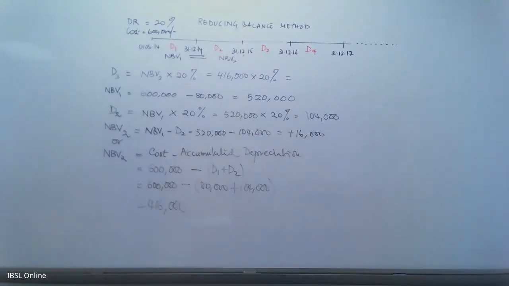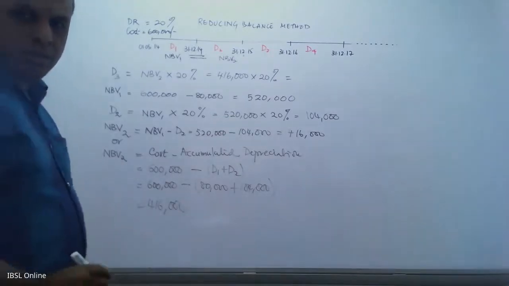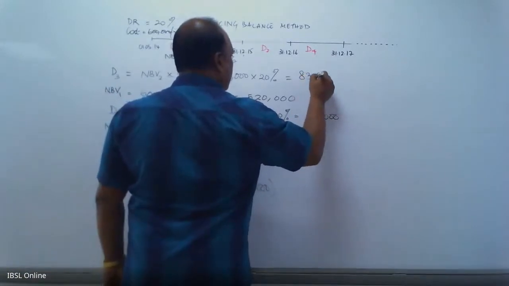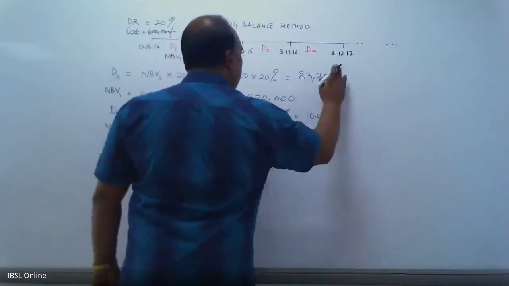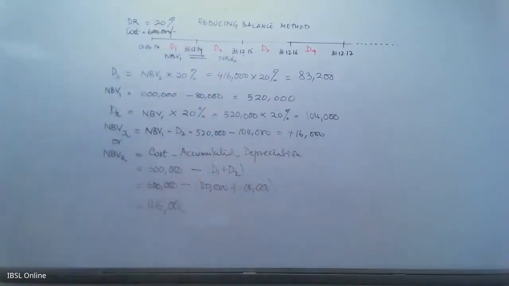It will be 83,200. Okay. So likewise, you have to calculate the NBV3, and then you have to calculate the D4.